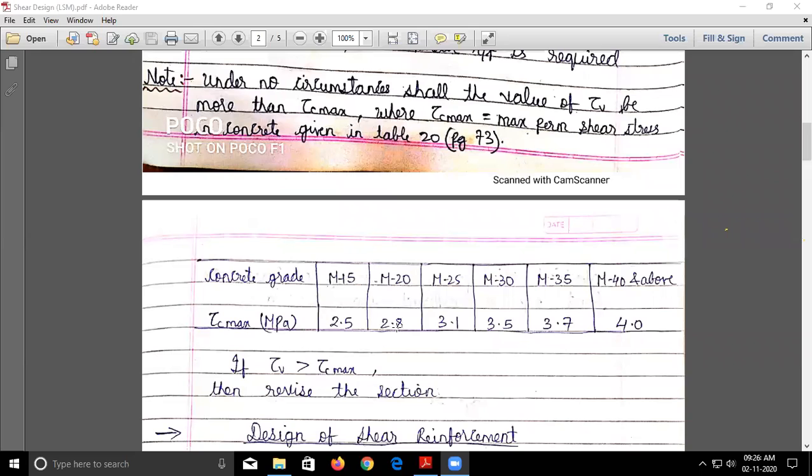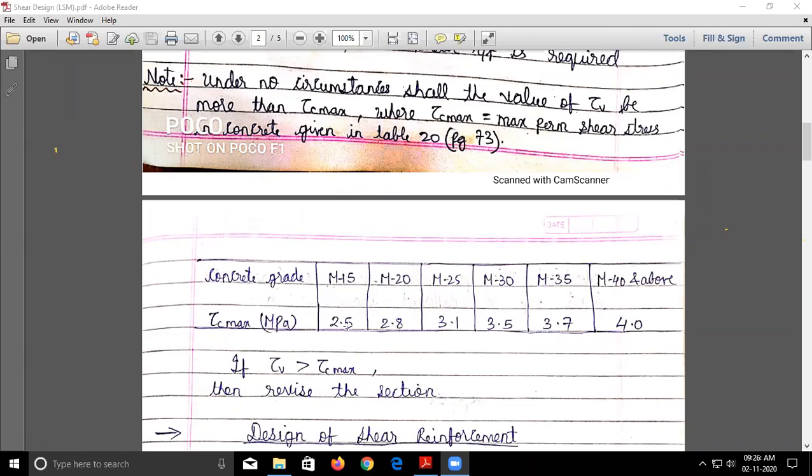I'm just giving you this trick for how to remember this value of tau c max. You can make a note of this. This you will not find in IS code, not in any textbook also. So I'm just saying this so that you remember this without actually referring to the table.